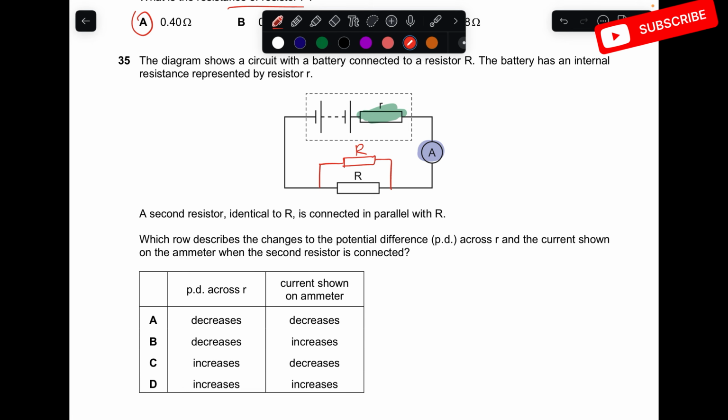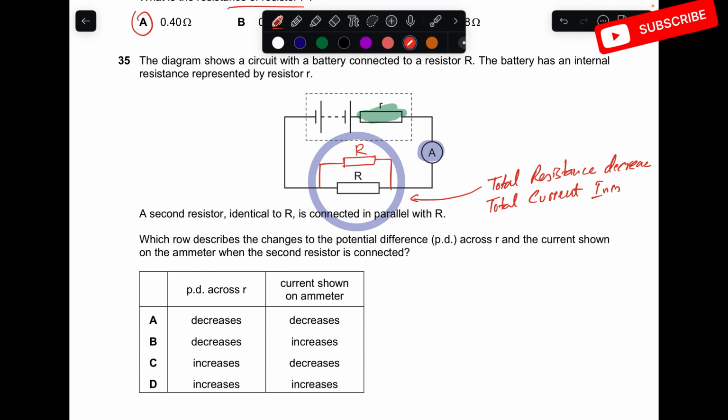If you see, when you attach another parallel resistance here, the total resistance decreases. If total resistance decreased, then total current increases.